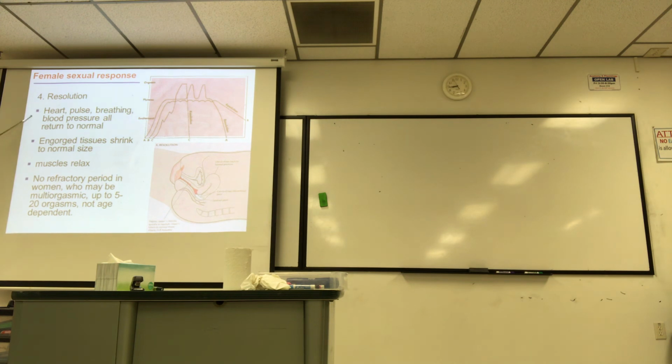So everything goes back to normal. There's no refractory period in women. Men have a refractory period, women do not. Masters and Johnson report women can be multi-orgasmic, up to 5 to 20, and it's not age dependent. So like I say, women have all the fun, right? This is what they report. Men have a refractory period, and it gets longer as we get older. So I guess we have a biological clock too.